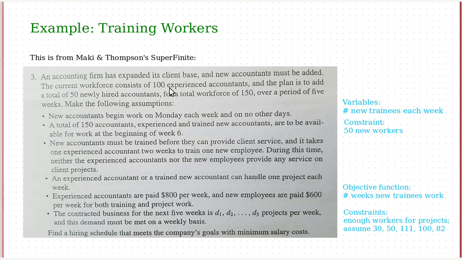Now, new accountants start work on Monday. It takes 2 weeks to train them, so each new accountant has to be trained by an experienced accountant for 2 weeks before the new accountant is ready to begin working on projects.